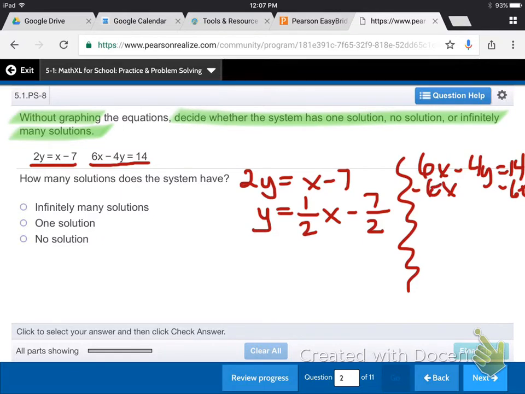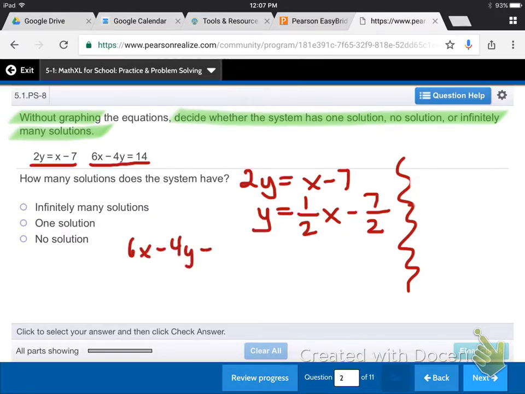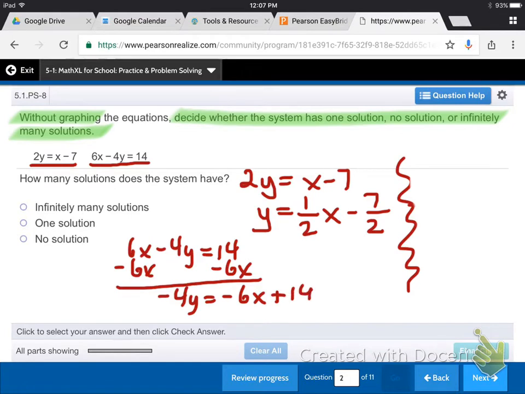I am running out of room, so I'm going to do it over here. We're going to take 6x minus 4y equals 14, and subtract 6x from both sides. That gives us -4y equals -6x plus 14, right?